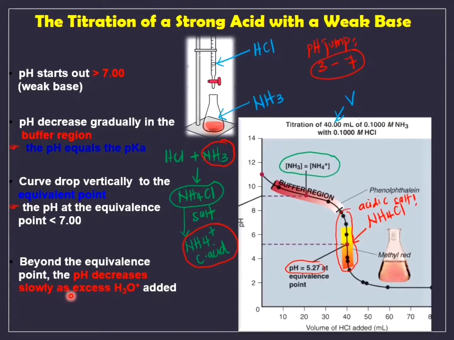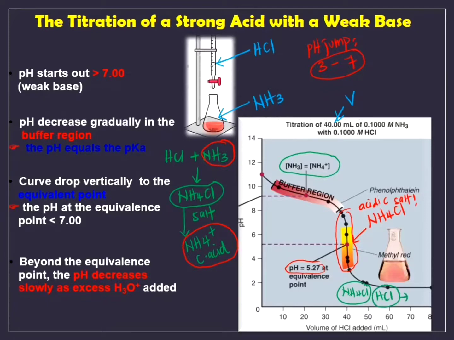Why? Because of the H3O+ ion. Okay, come from where? Come from HCl. Sebab tu after equivalent point, base dah tak ada, ammonia dah tak ada. Kenapa? Sebab dia dah complete react dengan HCl. So after equivalent point cuma ada salt NH4Cl dan juga HCl.